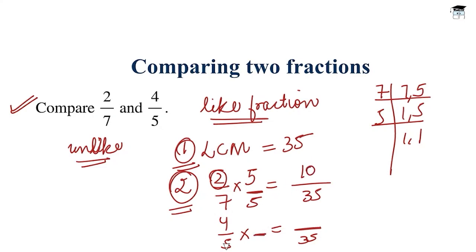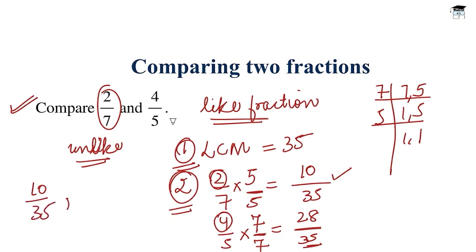Now you have to multiply 5 with the number that gives 35. Yes, it is 7. Then you again have to multiply 4 with the same number, so it is going to be 28. So we have converted the unlike fractions into equivalent fractions. Instead of 2 by 7, we are going to write 10 by 35, and instead of 4 by 5, we are going to write 28 by 35.